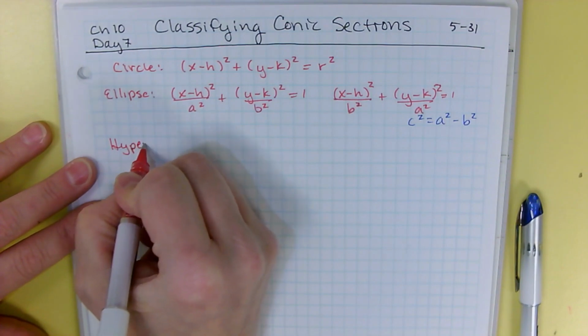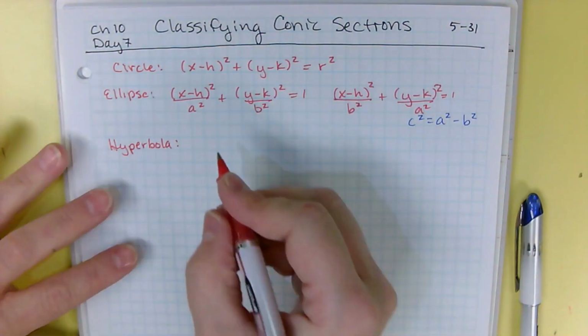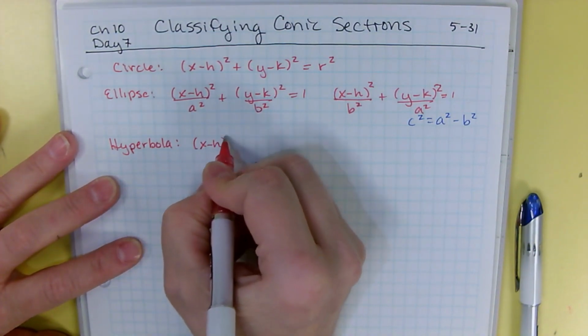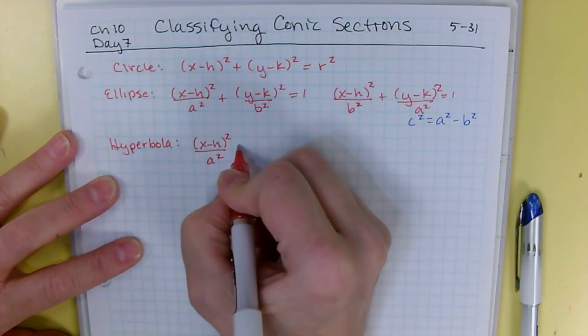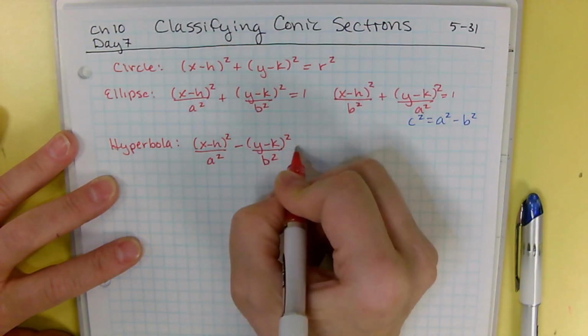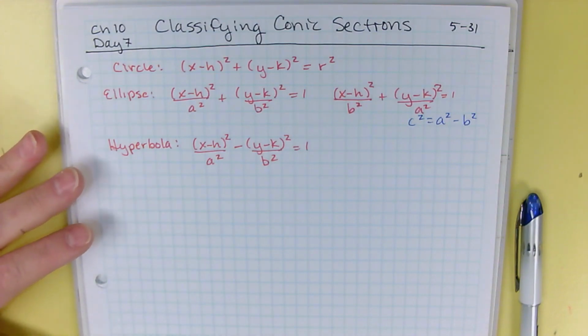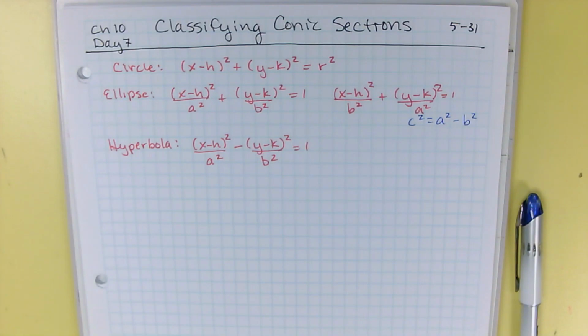And then the new one, hyperbola equations: x minus h squared over a squared minus y minus k squared over b squared equals 1. In a hyperbola equation, the a and the b stay put, but the x and the y may change locations depending on whether the major axis, the transverse axis, is vertical or horizontal.